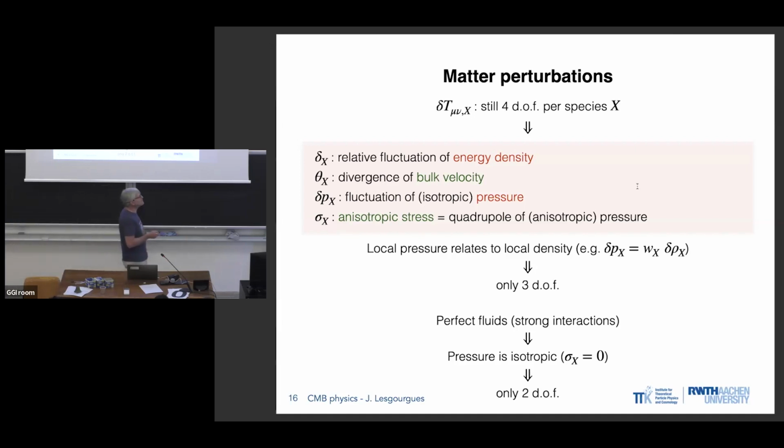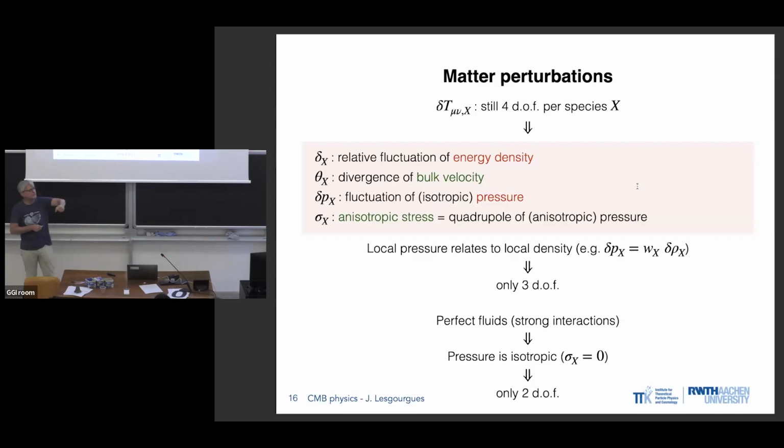Then we will have the pressure fluctuation in every point, delta p x, and we will have something more complicated, sigma x, called the anisotropic stress. To understand this, imagine that you are looking at a fluid which is not a perfect fluid. If it's not a perfect fluid, there is no reason that an observer in this fluid would measure the same flux of particles coming from all directions, and in other words, would measure the same pressure from all directions.